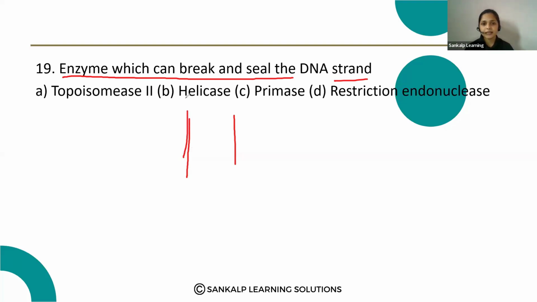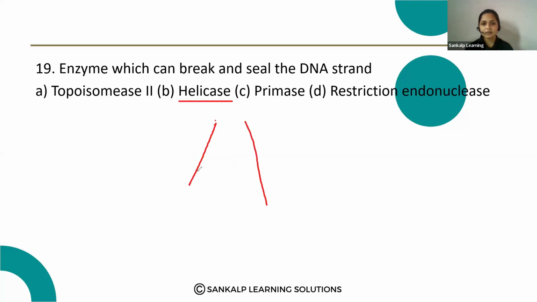Okay, the helicase enzyme separates the DNA strands like this, so that it is able to form the separate strands, single strand DNA. And the one which can break and seal the DNA strand is the restriction endonuclease enzyme. It breaks the DNA, and again it is sealed. Okay.